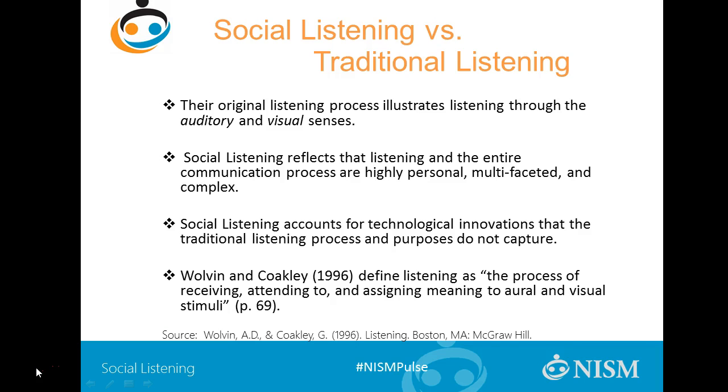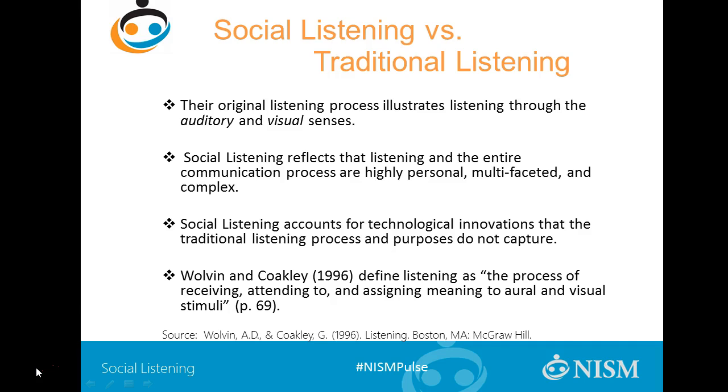So we mentioned before that the definition is derived from the traditional listening definition. And so here we just want to take a moment to compare the two. Wolvin and Coakley, 1996, defined listening as the process of receiving, attending to, and assigning meaning to oral and visual stimuli. And so the original listening process acknowledges auditory and visual senses are used during the listening process.